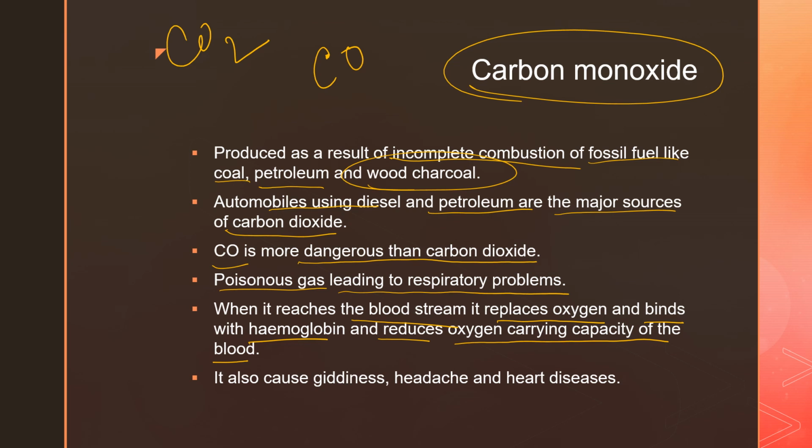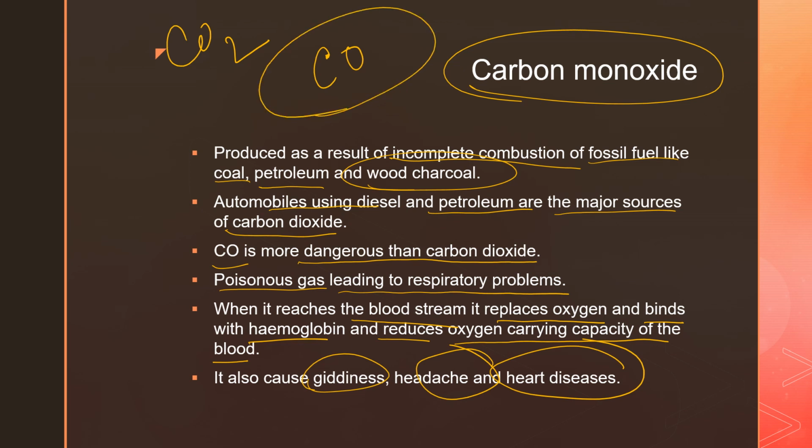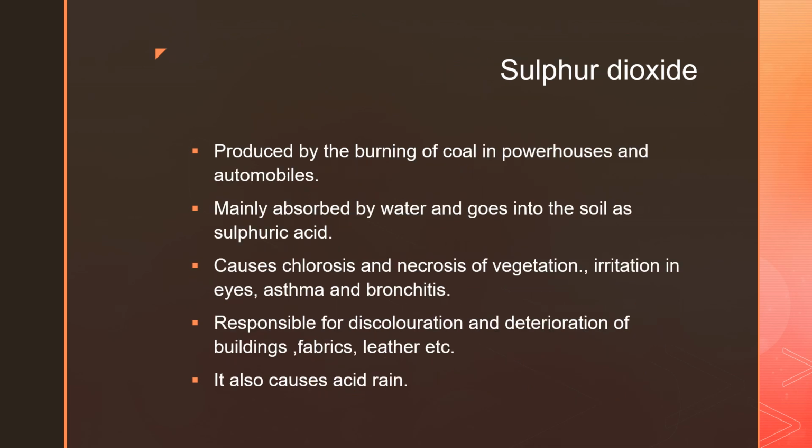It also causes giddiness, headache and several heart diseases. So it is a very poisonous gas, mainly produced by the incomplete combustion of coal, petroleum, wood, charcoal and automobiles, and carbon monoxide is actually more dangerous than carbon dioxide.